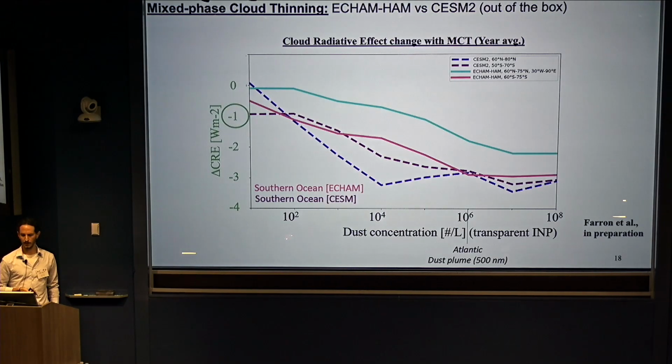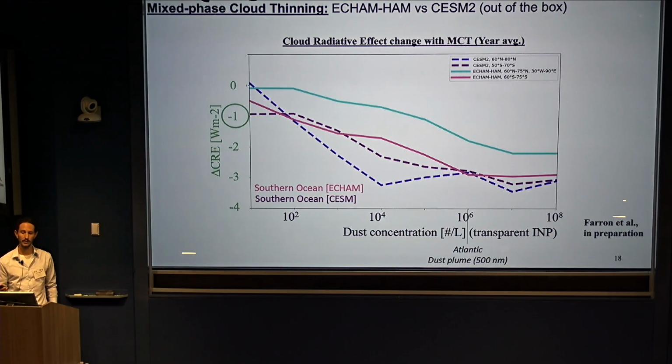So here is a slide that was put together by Paul Farron, a PhD in this project, and it shows how the cooling effect that you get by MCT increases when you increase the prescribed dust concentrations. The continuous lines are the old results that we got from ECHAM, and the dashed lines are the new ones that we get from the CSM out of the box.